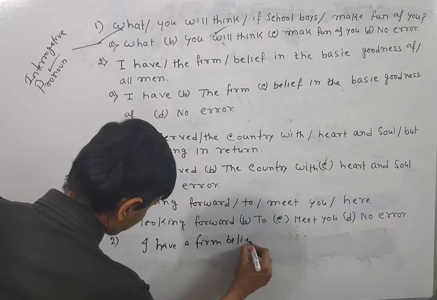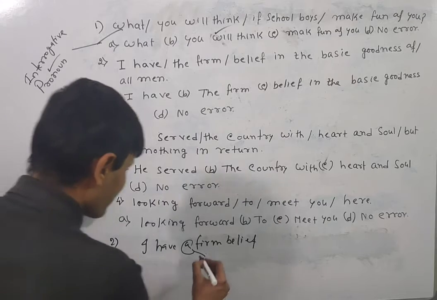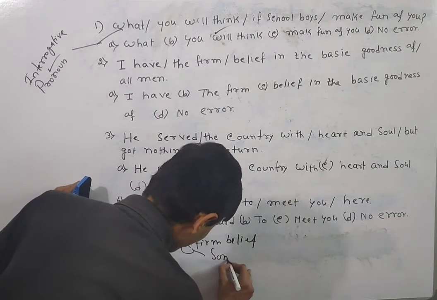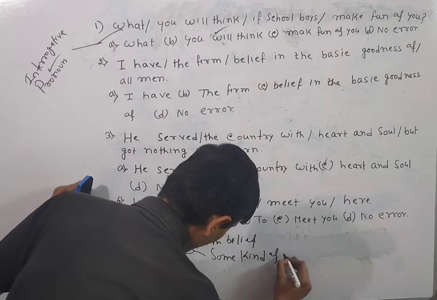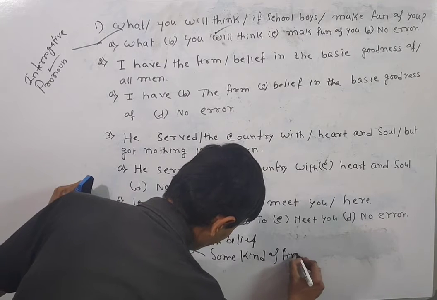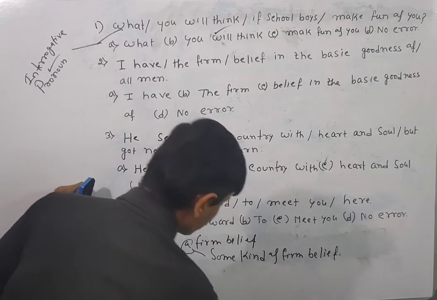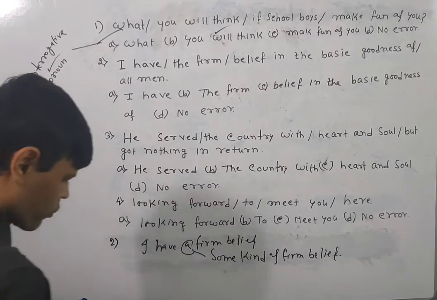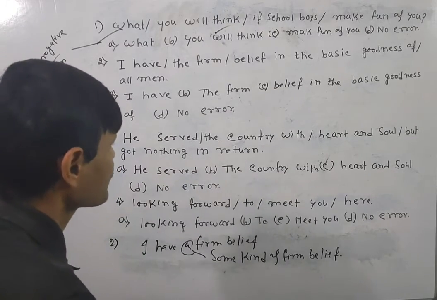What does it mean? Here A means I have some kind of firm belief. So A or an also means some kind of. So this is the mistake.